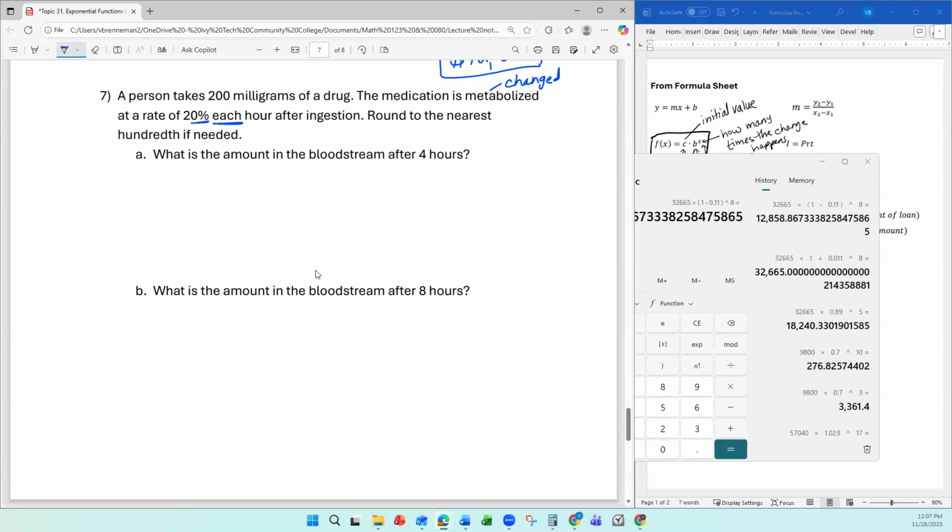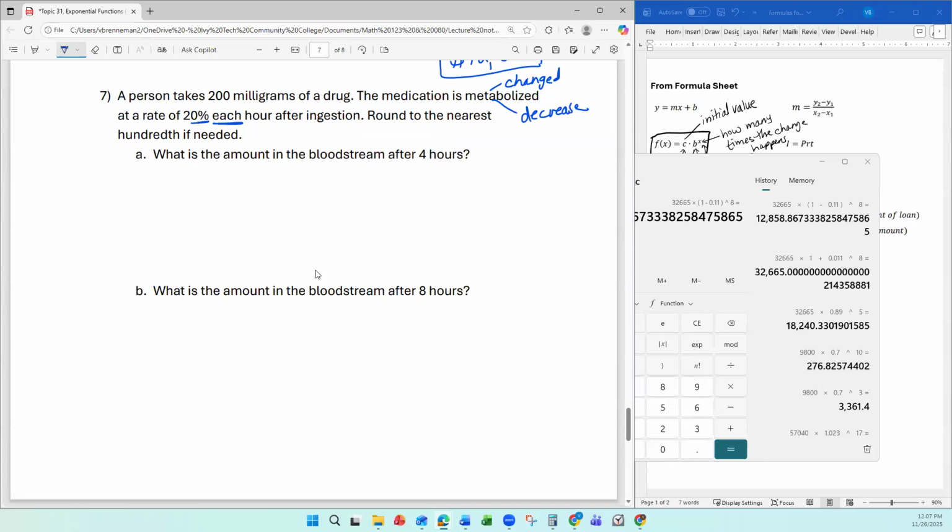Think about the context. You take a drug, you take a medication, what happens over time? You have to take more of the medication. It runs out, its effectiveness. Why does it run out? Because your body is processing it and you're ending up with less and less of that substance in your system. So this is going to be a decrease.